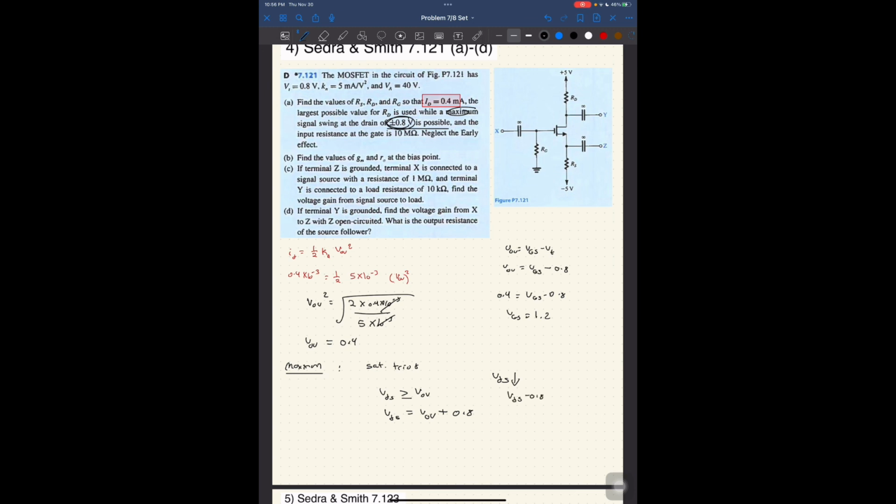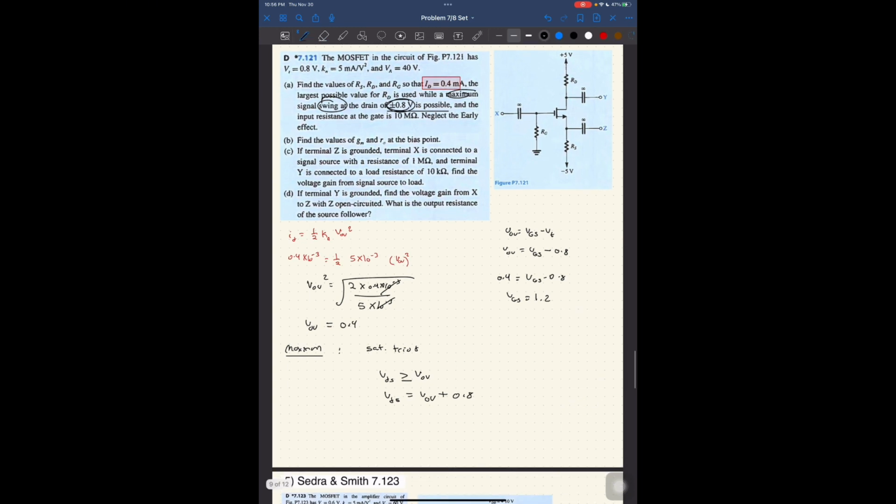And at its absolute lowest point, it should still be greater than or equal to VOV. This is allowed. VDS minus 0.8 with the swing of 0.8 is allowed, meaning that VDS should be greater than or equal to VOV plus 0.8, and therefore VDS is equal to VOV plus 0.8, right? What is VOV? It is 0.4, so VDS is equal to 1.2.